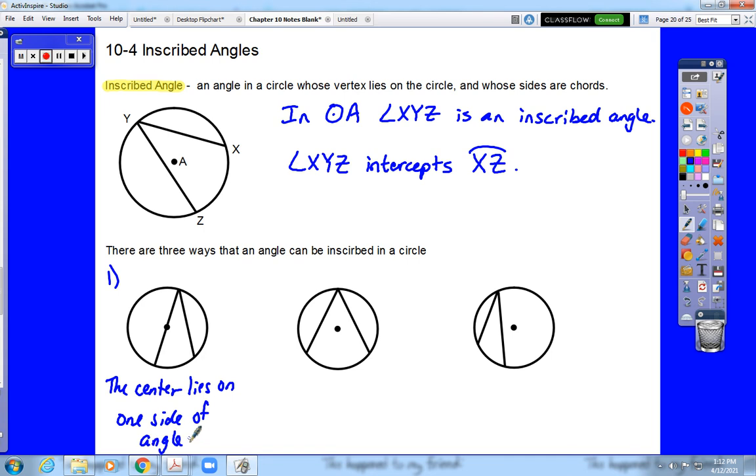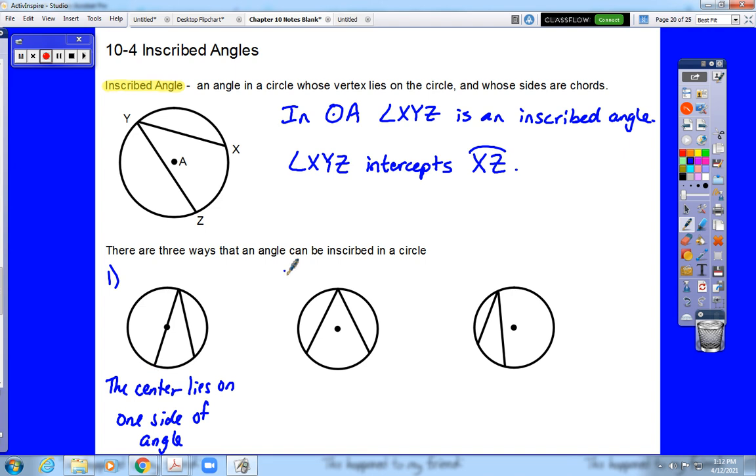In other words, one side of our inscribed angle is a line segment, this one right here, that is a diameter. So it is possible that an inscribed angle could have a diameter for one of its sides. Again, all diameters are chords, but not all chords are diameters. So it still fits the description even if one side of the angle is a diameter.